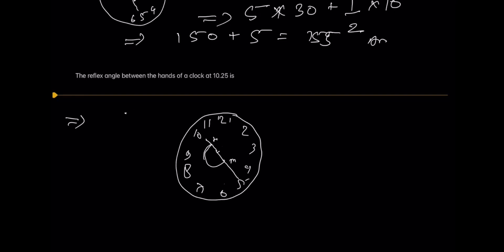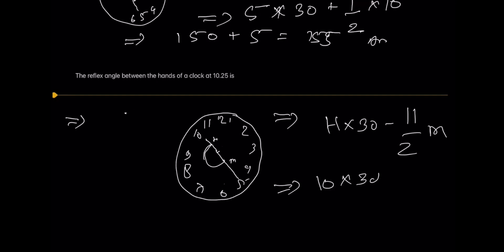So the formula we created is hour into 30 minus 11 by 2 into minute. We're going to substitute. Hour is 10, from 12 to 10 is 10 times. 10 into 30 minus 11 by 2 into 25.